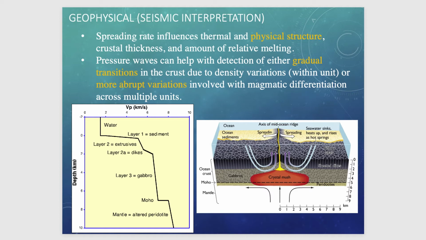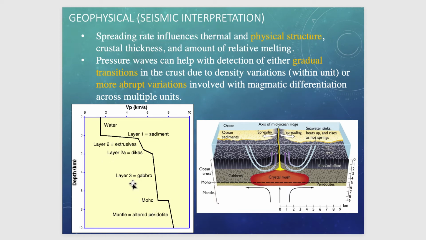In terms of geophysical data, if you look at seismic interpretation, seismic is a geophysical method that uses the measurement of velocity of different types of acoustic waves. So we have the P and S waves, and in this diagram we have the velocity of the P waves and depth, and we can see how this velocity sharply changes between different parts of our planet.